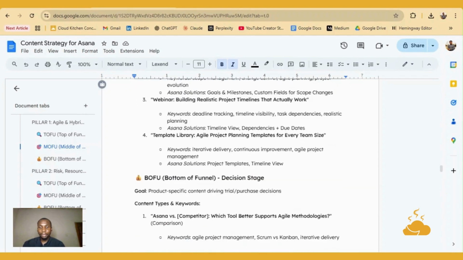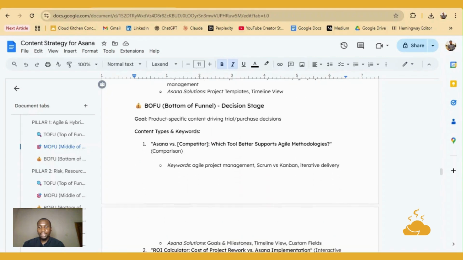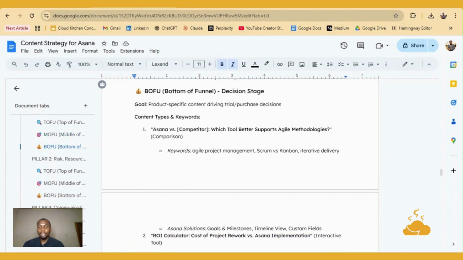So yeah, all the pillars have the same strategy. This one, Asana versus competitor, which better supports agile.